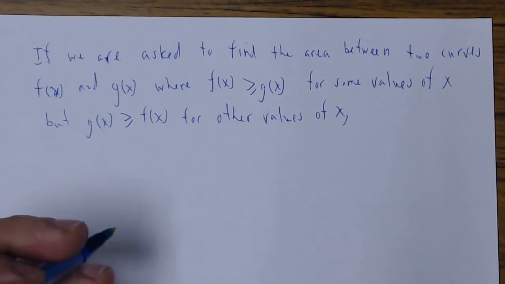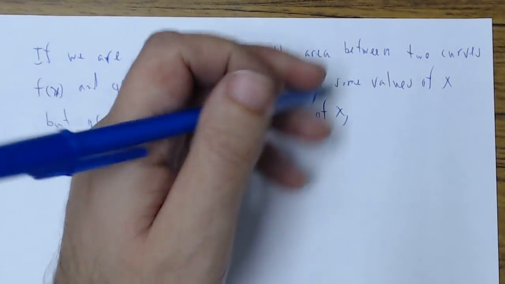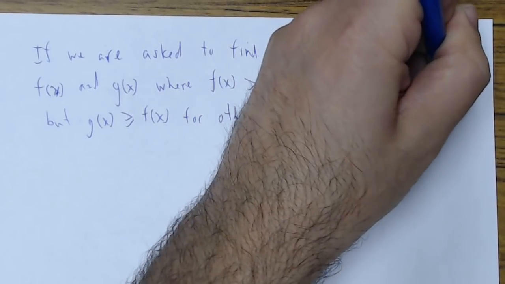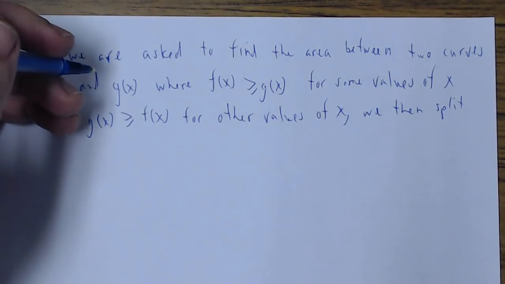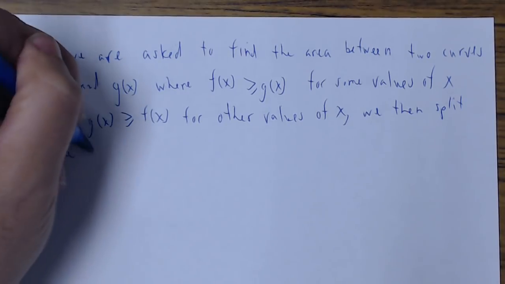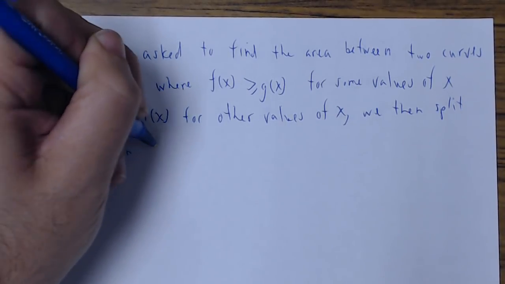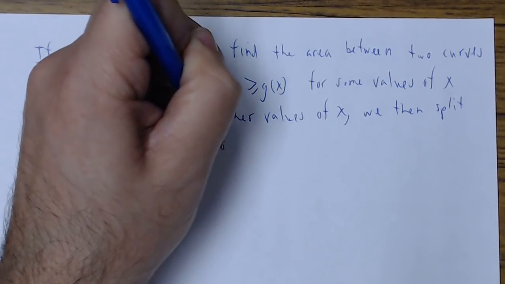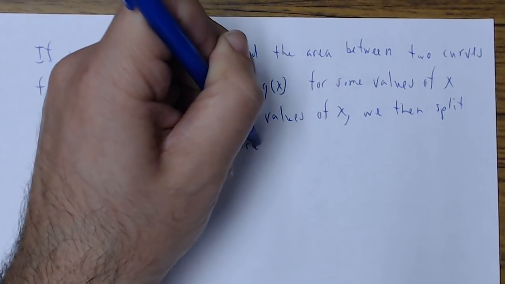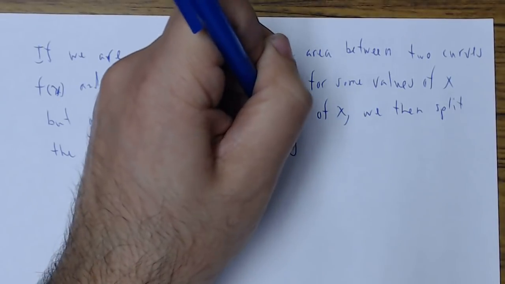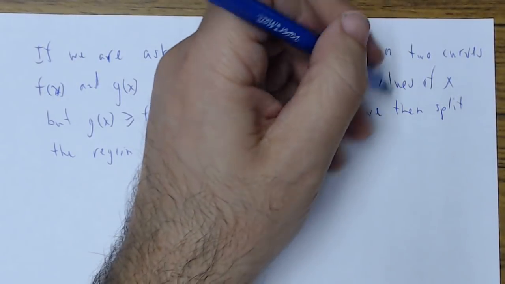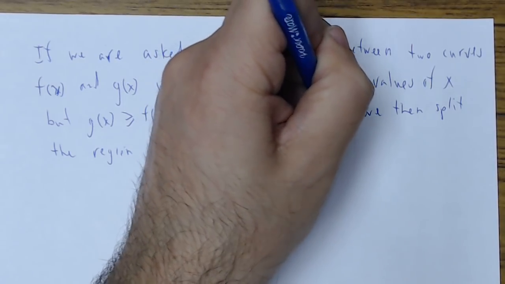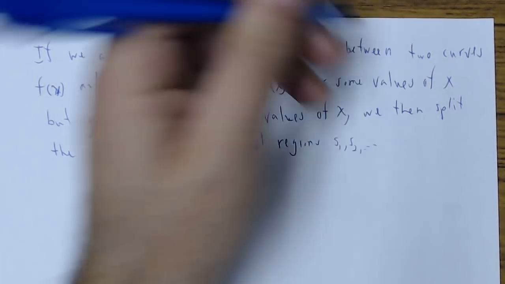So basically, we then split the region S into several regions, which we could call S1, S2, all the way on.